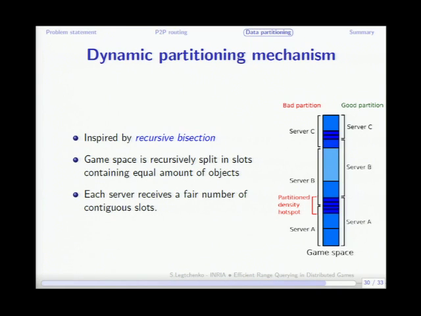It is considered good because the density hotspot here is preserved, entirely stored on server A.